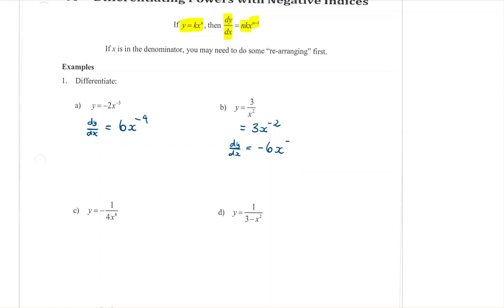X, subtract 1 from the power, makes negative 3. Now I want you to always get into the habit of trying to leave your answer in the same form as your question. So because my question was in fraction form here with positive indices, I'm going to change my answer back into fraction form. So that will be negative 6 over x to the positive power of 3.